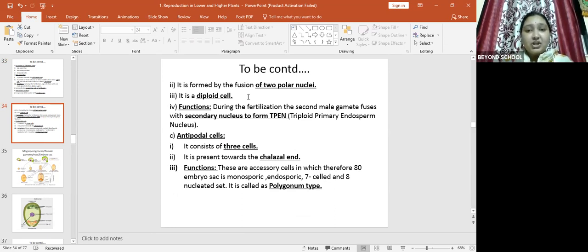And what is the function? During fertilization, the second male gamete fuses with the secondary nucleus, which is the polar nuclei. And what does it form?